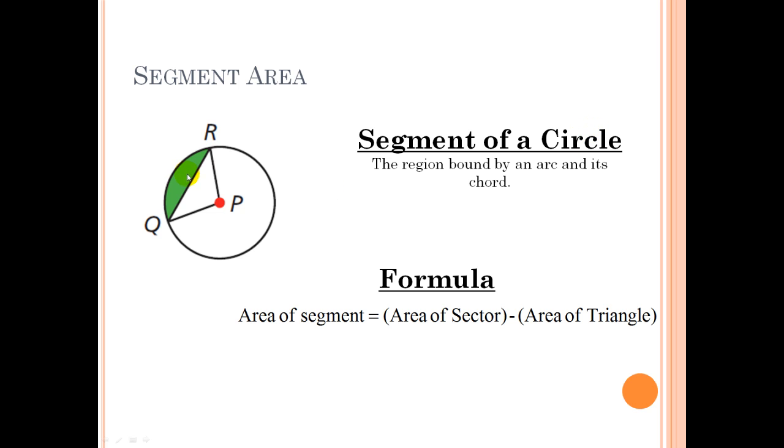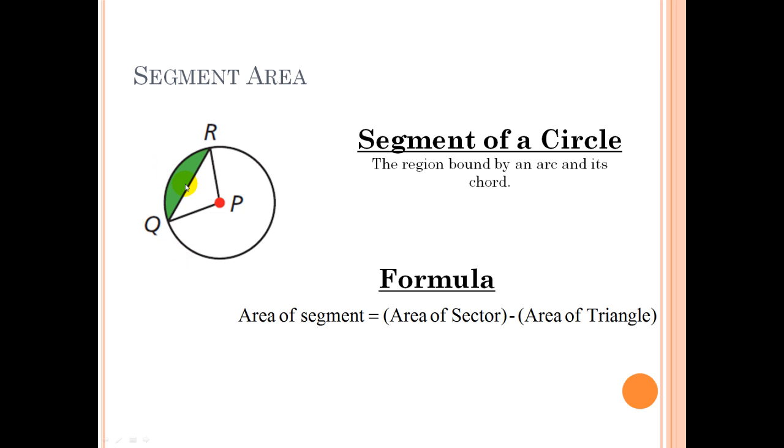So what happens if you take a chord and its corresponding arc, and you look at just the area they form? You take the arc RQ and chord RQ and use them to form a little chunk out of the side of a circle there. To find the area, that's kind of tricky.